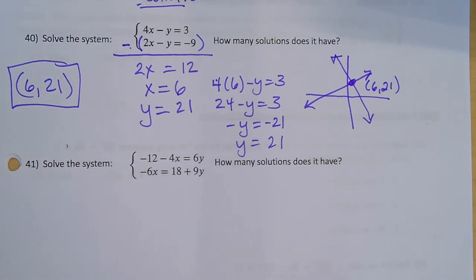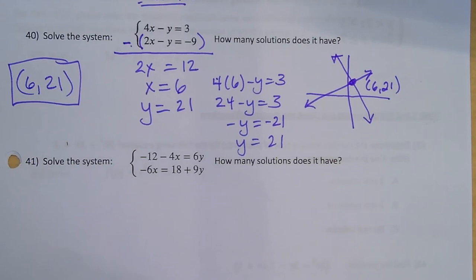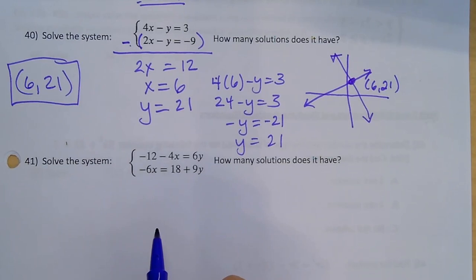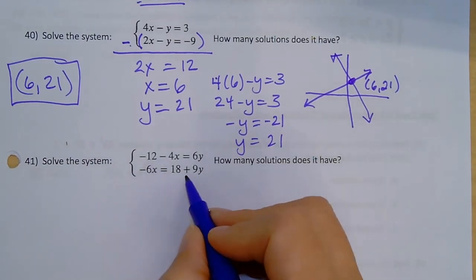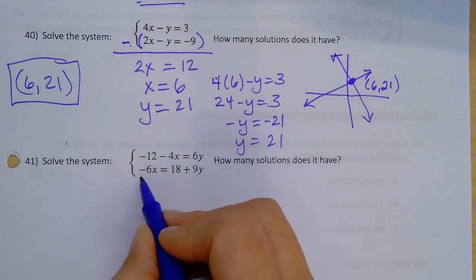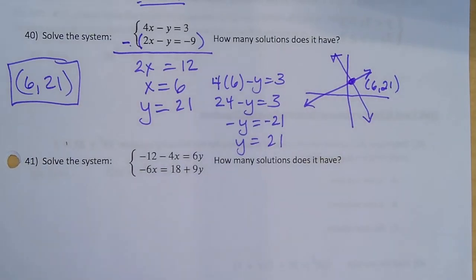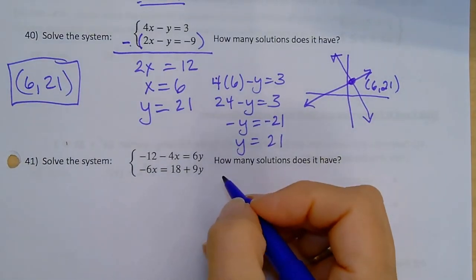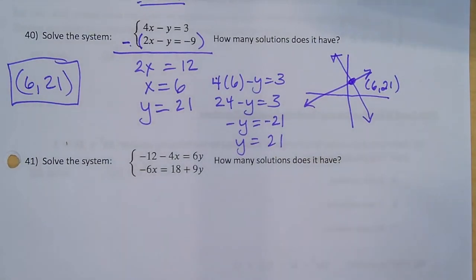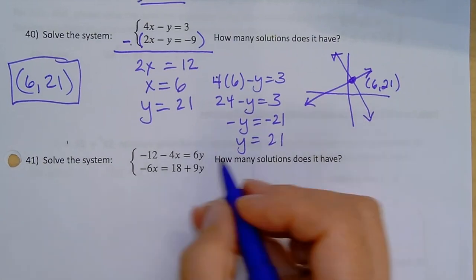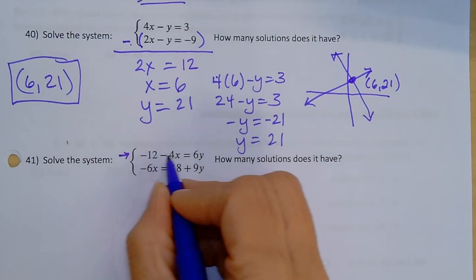All right. So I'm assuming that number 41 is going to give us a system of equations that has two lines that are exactly the same. Looking at this, I wouldn't do substitution. What would I do? I guess I can do elimination. Now, with elimination, you need to make sure that everything is aligned properly. So I'm going to do this first line here.